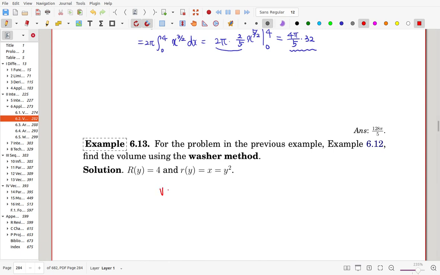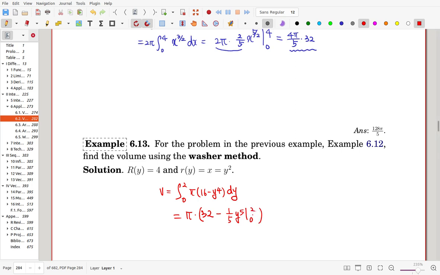So the volume is the integral from 0 to 2 of pi times 16 minus y to the 4 dy. That is pi times 16 times 2, which is 32, minus the antiderivative of y to the 4, which is 1 over 5 y to the 5, evaluated from 0 to 2.